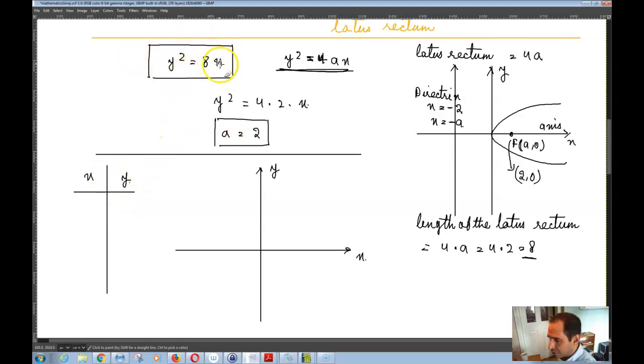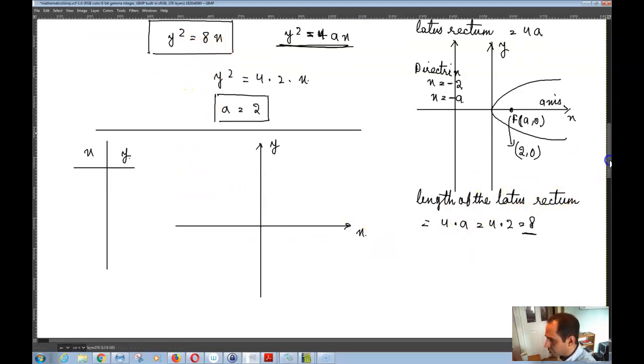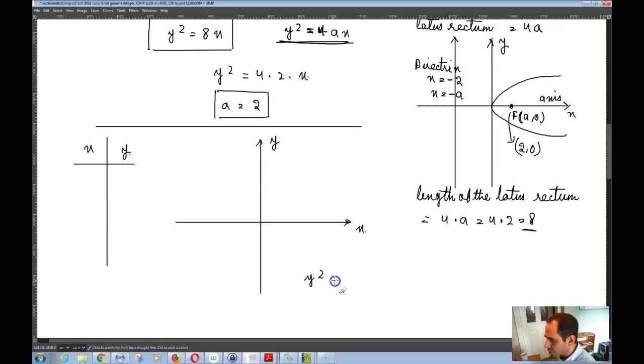So for example, if I set x is equal to 1, then y squared is equal to 8 times 1, which is equal to 8, which is not very convenient here.